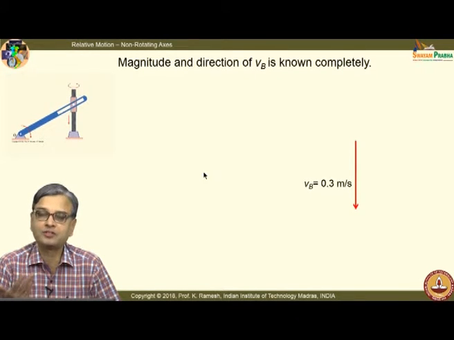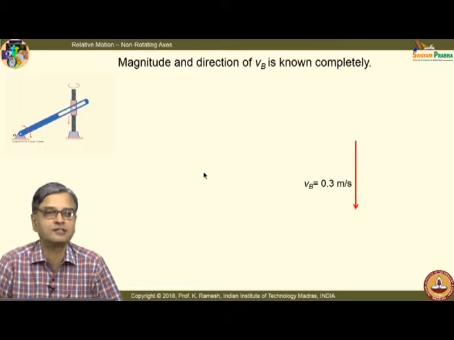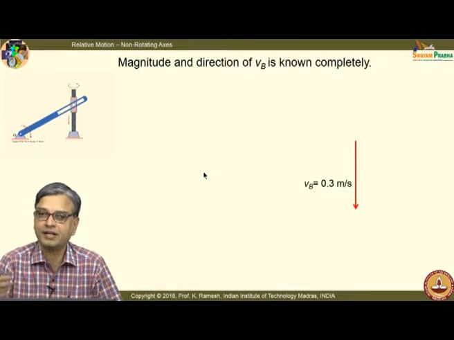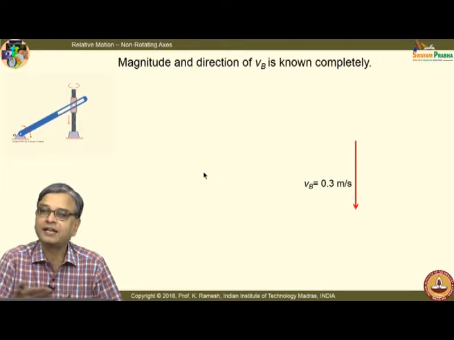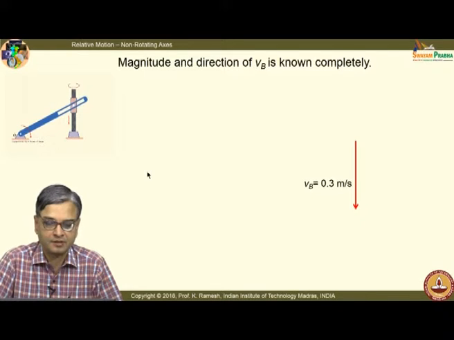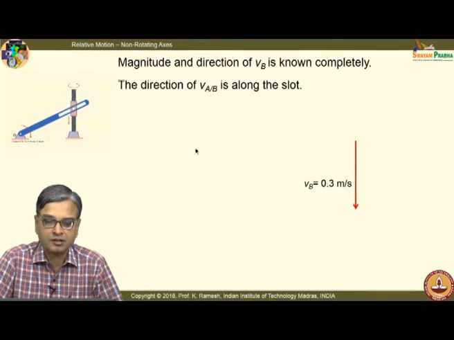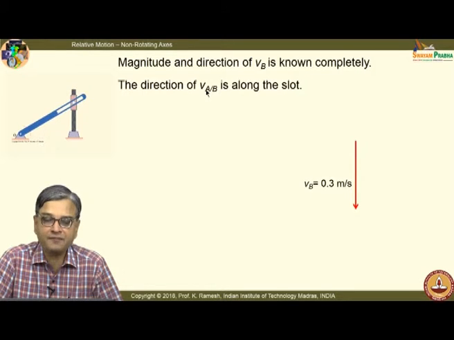The absolute velocity of point A will be perpendicular to the slotted link, okay, and the relative velocity will be in the direction of the slot, because I have a straight slot. So, the direction of relative velocity A with respect to B is along the slot.